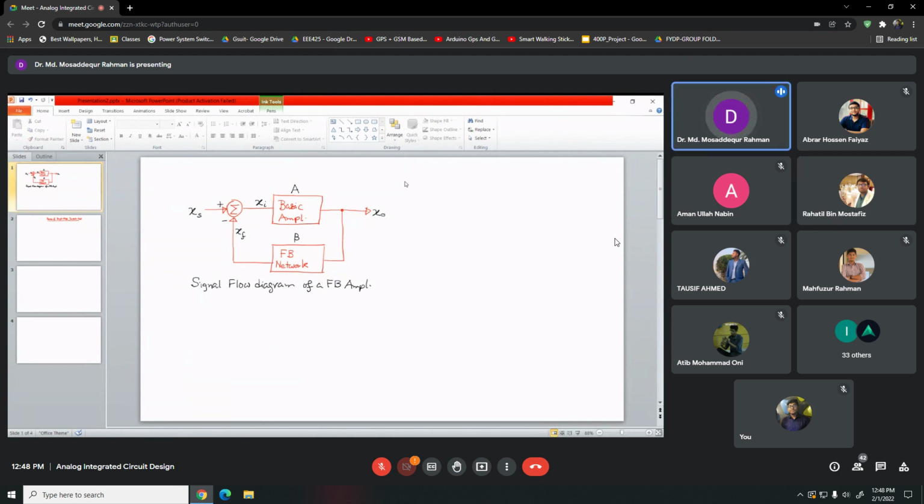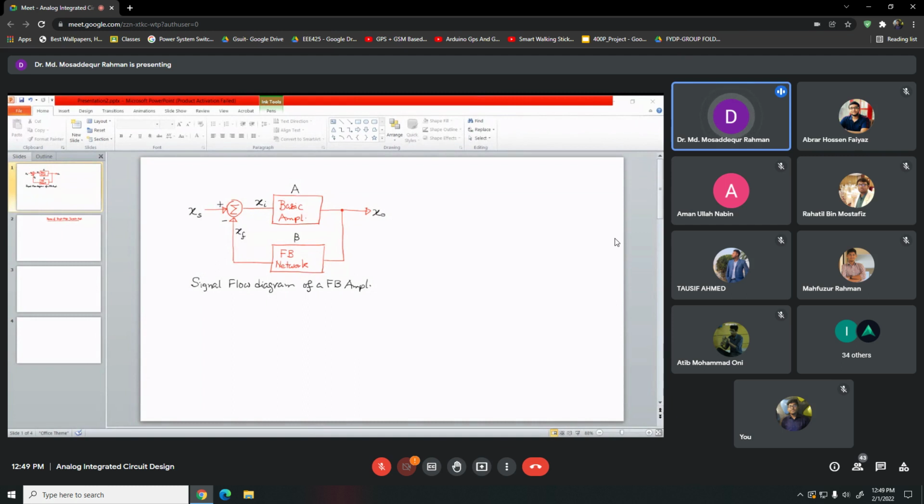And our input signal to the amplifier, Xi, is the difference between our source signal and the feedback signal, right? So that's why it's called negative feedback.